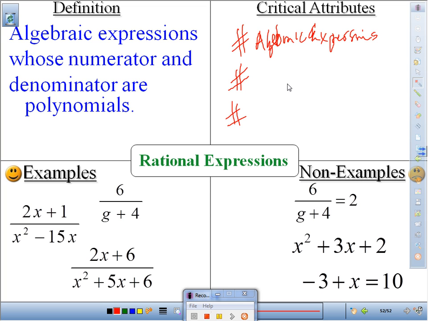Denominator. That is correct. Pass someone. Ethan. No equal sign. And I'll give you one last one. Hashtag polynomials.